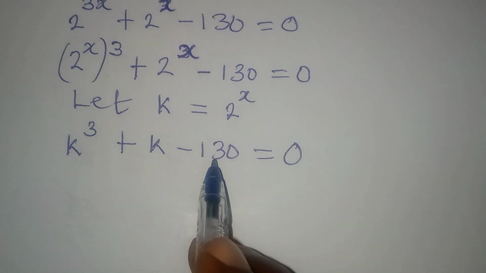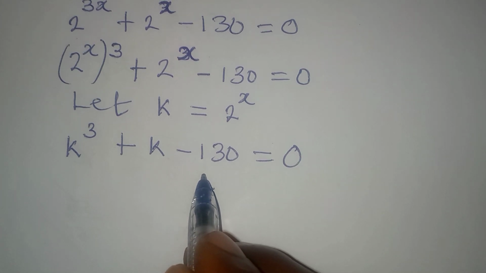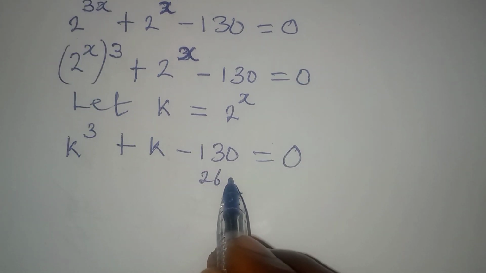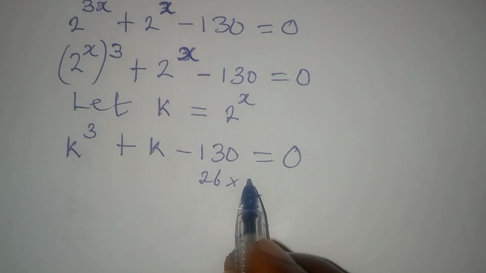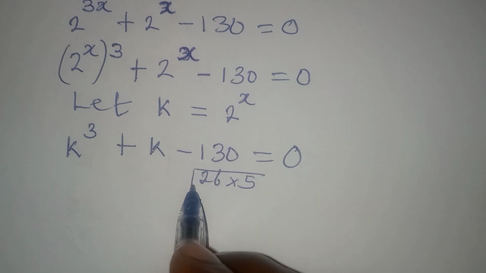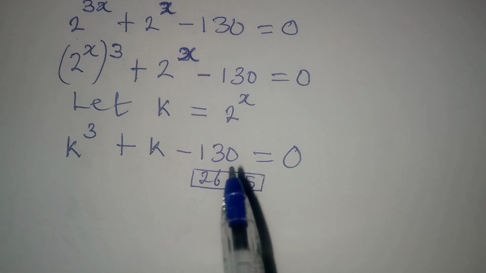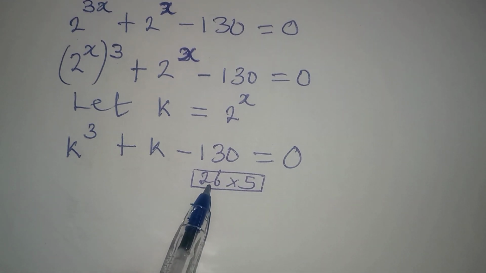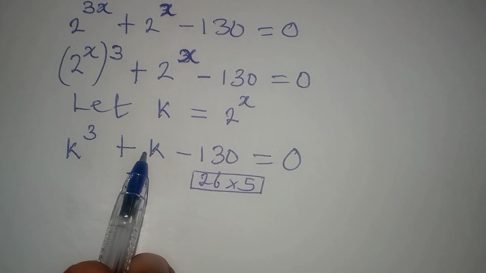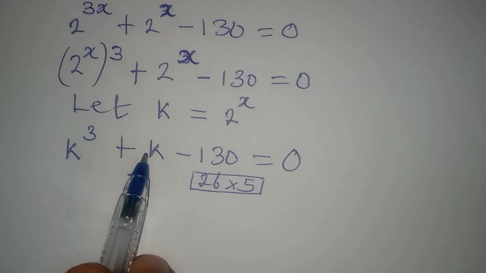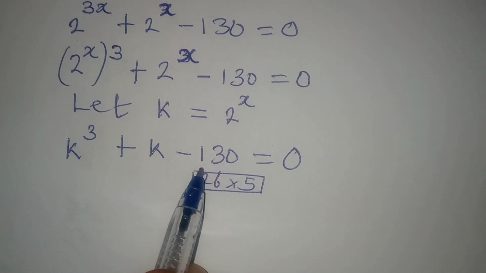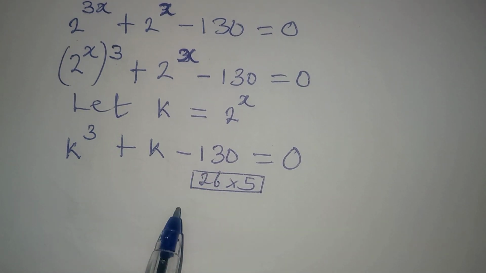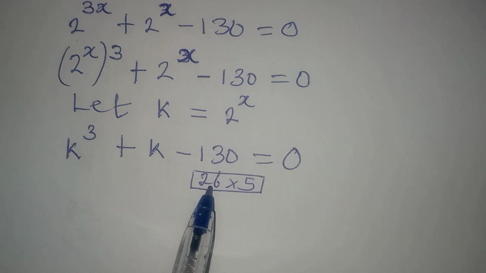So this 130 is the same thing as 26 multiplied by 5, right? Now let's look for a number we'll take out of 26 to get 1, because the coefficient of k is 1. What number will you take out of 26? I think it will be 25, right?